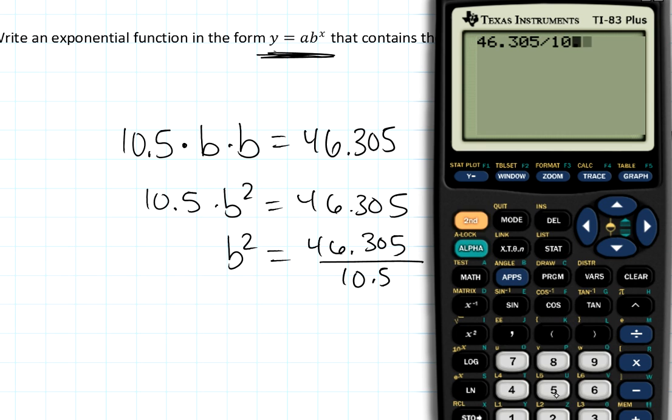Okay, so I divide 46.305 by 10.5, and I get this number. Then I'm going to take the square root of my last answer. And that gives me that b should be 2.1. So b is 2.1.